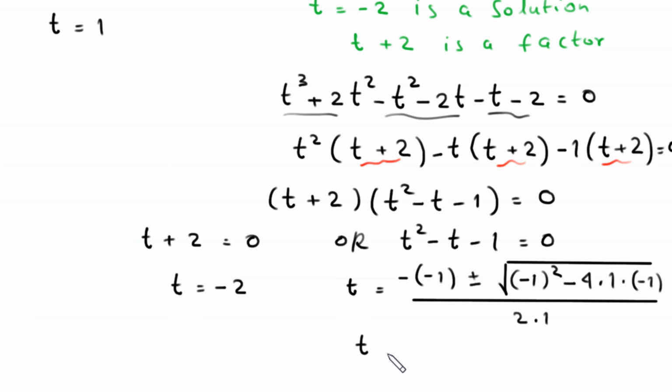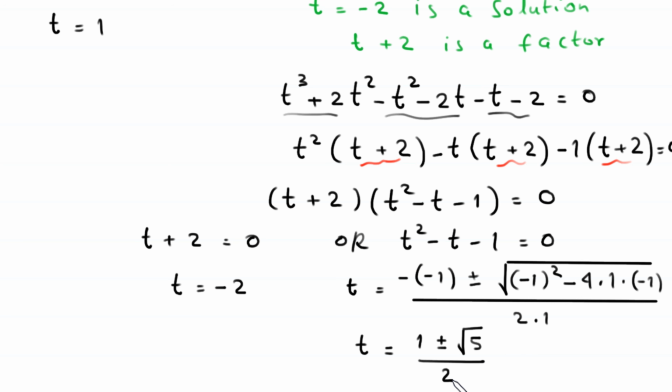So t will be equal to positive 1 plus or minus the square root of 1 plus 4, which becomes root 5, divided by 2 times 1.